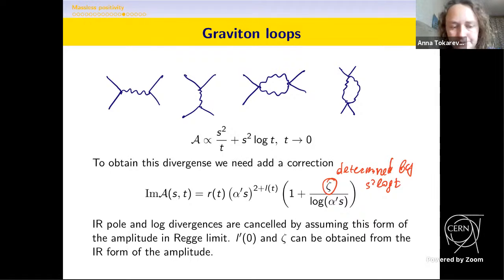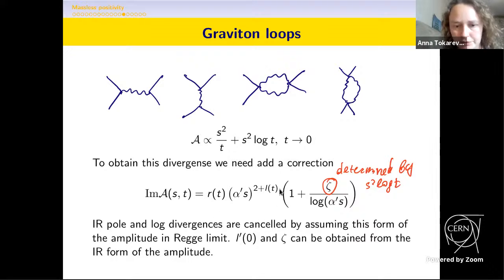So here, these parameters which enter this form can also be computed from the coefficients of the infrared form of the amplitude. So again, somehow we obtain a deep connection between the forward limit of the amplitude in the infrared theory and what we need to have in the UV theory.